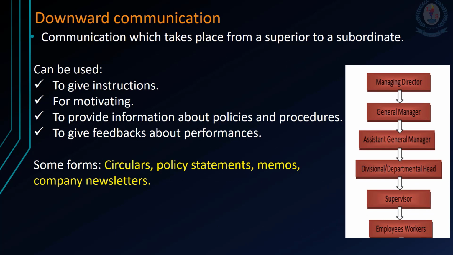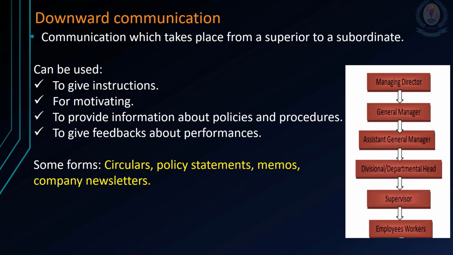Okay, now we are going to learn about downward communication, one of the directions of communication. Simply, it is communication which takes place from a superior to a subordinate, or in another way, information flowing from the upper level of the hierarchy to lower levels. Here you can see the diagram. The arrows are going down.